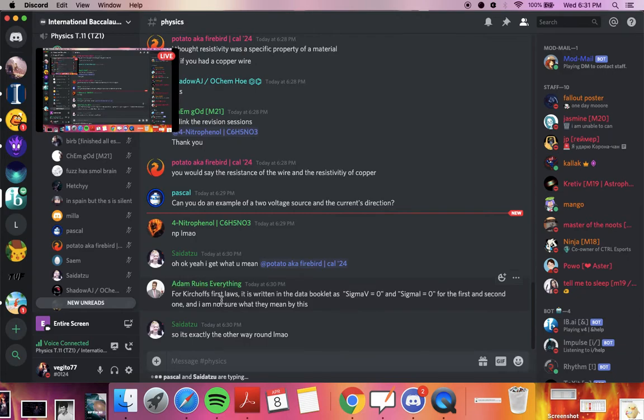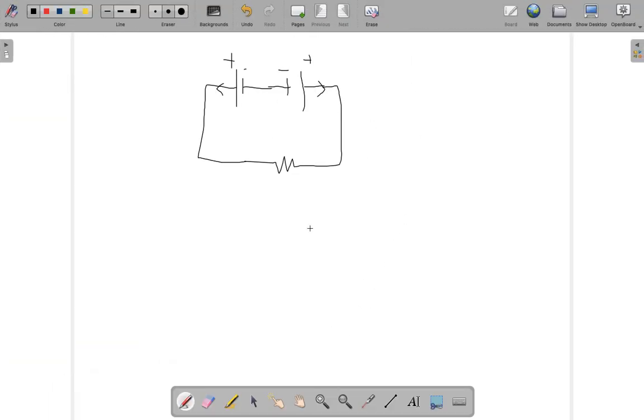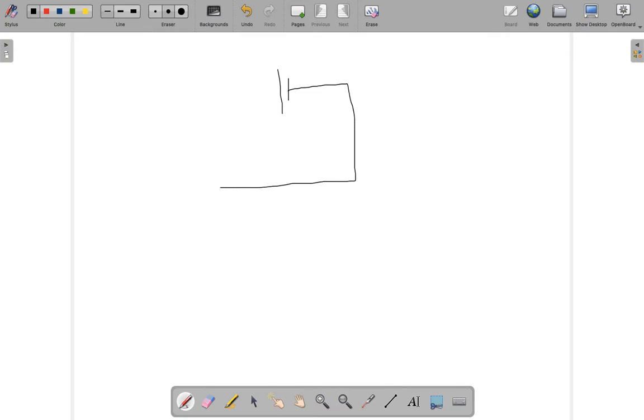So what they mean by sigma V equals 0 and sigma I equals 0. When they say sigma V equals 0, let me draw out a better circuit. Sorry, I forgot a resistor. Let's just take one resistor over here, for example.